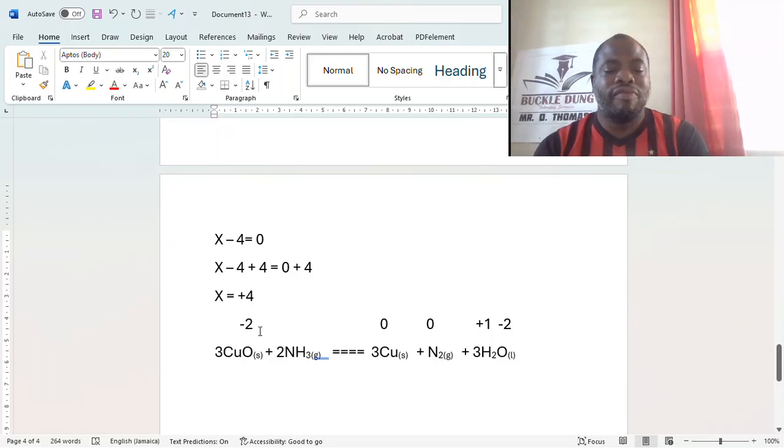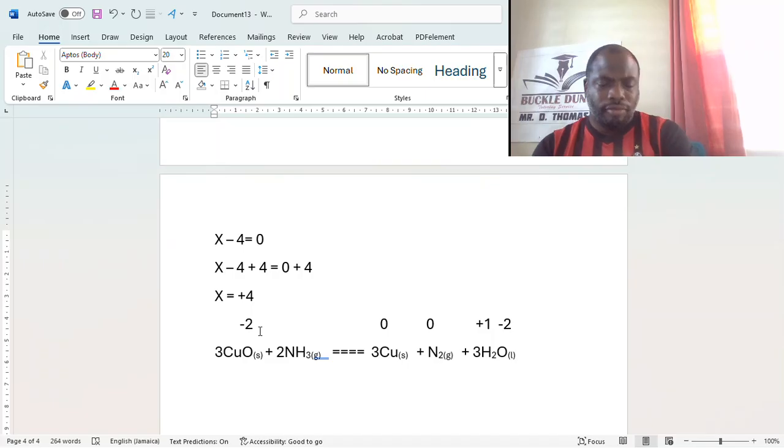If it is something that you have to work out, work it out. But you're supposed to be able to look at it and tell me what it is for the copper. What rule can you use to determine the oxidation state of the copper?